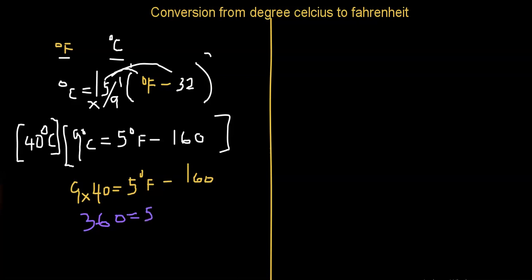It is equal to 5 degrees Fahrenheit. Do you understand? We are breaking it down step by step. 5 degrees Fahrenheit minus 160. Now, what do we do to make 5 degrees Fahrenheit stand on its own?